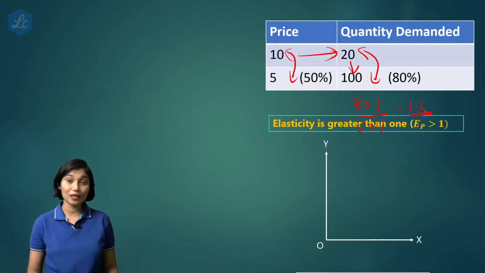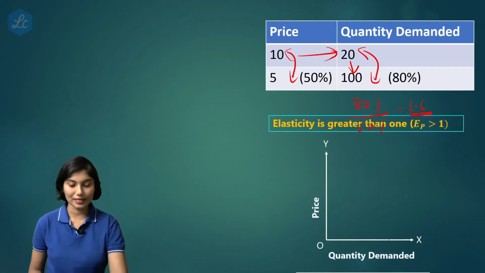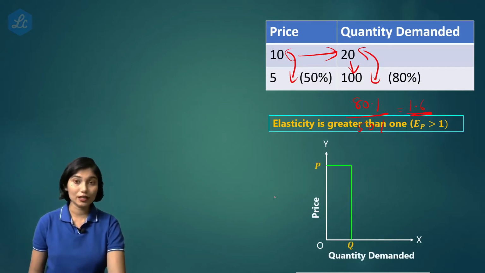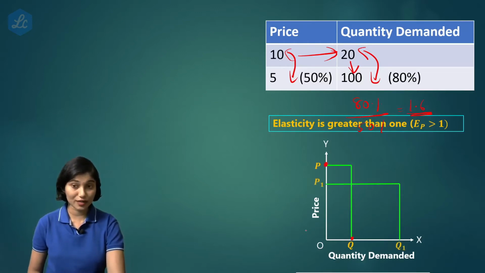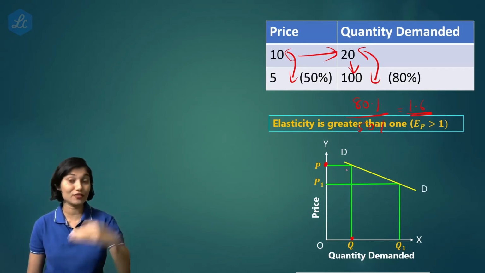It's greater than 1. Plotting this on the graph, quantity demanded as x-axis, price as y-axis. You know your earlier price was high, quantity demanded was less, right? After that, your price fell, your quantity demanded increased a lot. So you see the demand curve is almost flat, it's flattening.